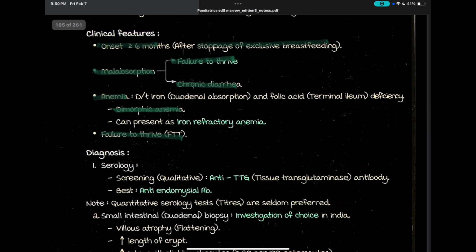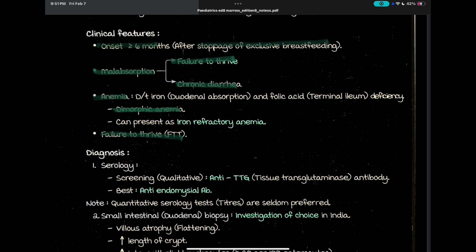Clinical features: onset is at 6 months or later, after stoppage of exclusive breastfeeding. Due to malabsorption, there will be failure to thrive and chronic diarrhea. Anemia is due to iron and folic acid not being absorbed.